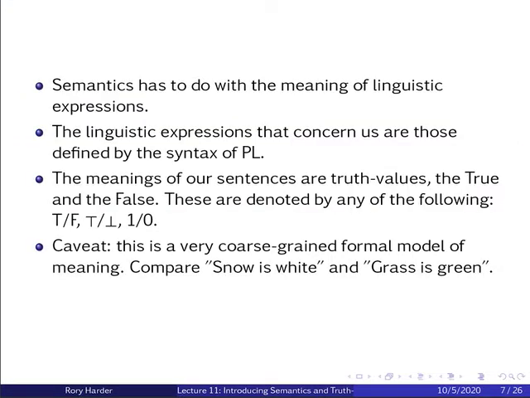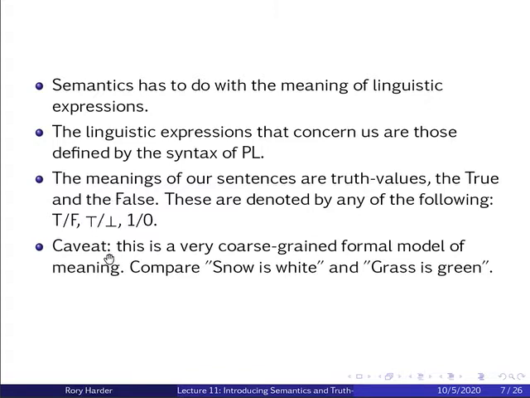Now, the meaning of sentences for us will be truth values. And there are just two truth values: there is the true and there is the false. So any sentence of our language will have as its meaning either the true or the false.